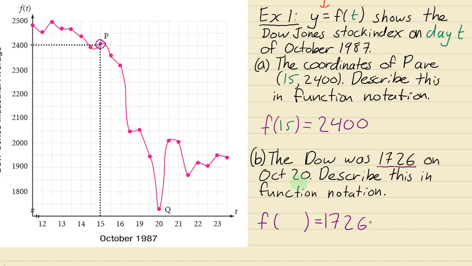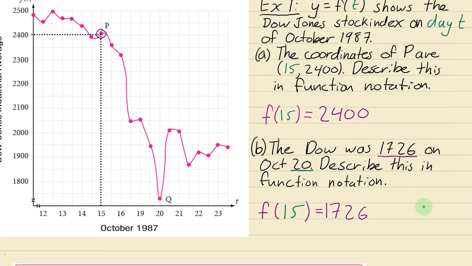But the input is the day, so that's where the t goes when we write the result equals f of t. And I want to say, of course, it's totally fine if you write it the other way around: 1726 equals f of 15. It means exactly the same thing. You're writing either f of x equals y or y equals f of x. Both of those are fine.